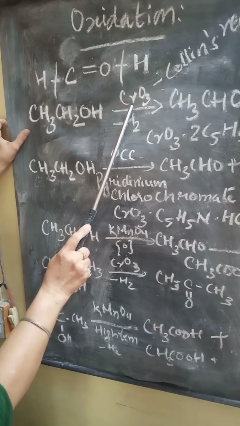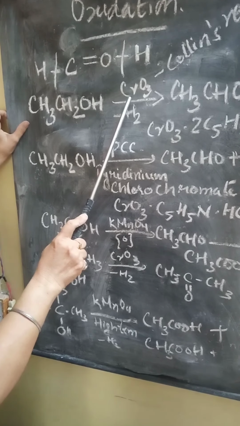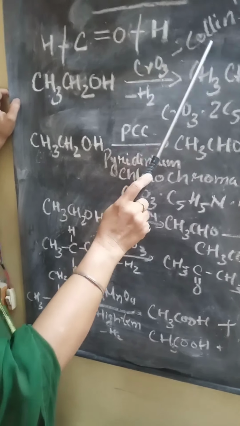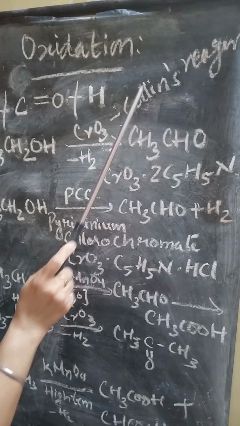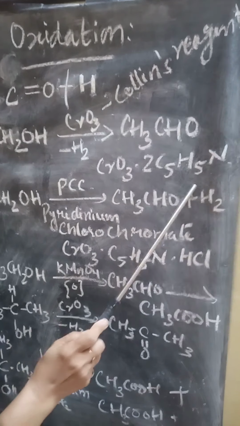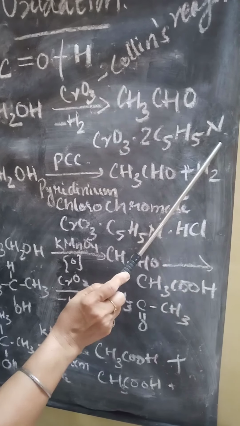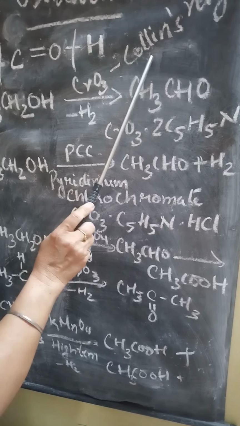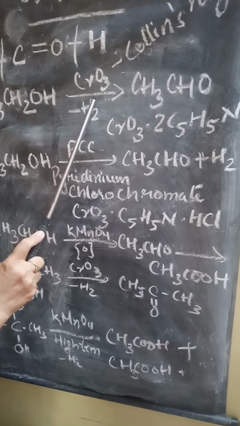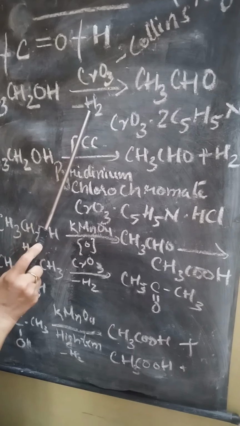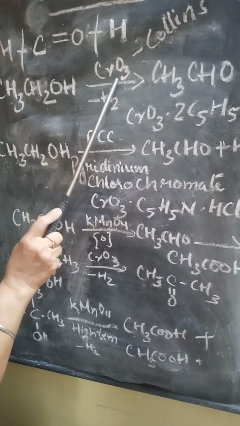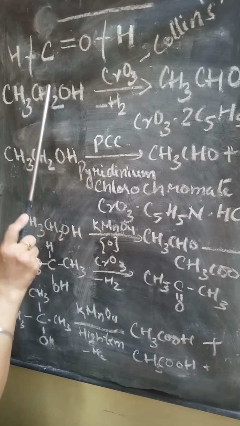Alcohol, when treated with a mild oxidizing agent, that is chromium oxide, also known as Collins reagent. The formula for this Collins reagent is CrO3.2C5H5N. This reagent is a mild oxidizing agent, and when it is added, the hydrogen gets removed.